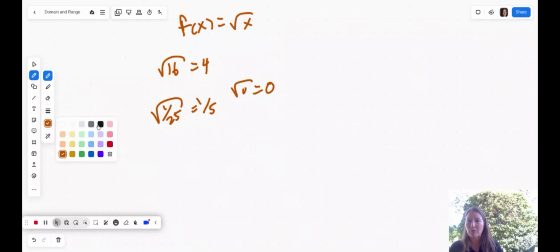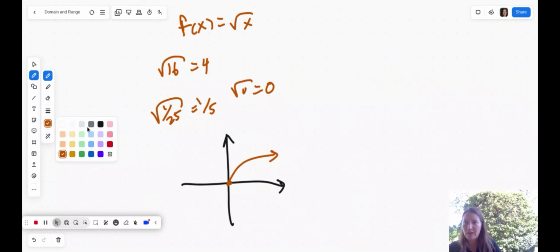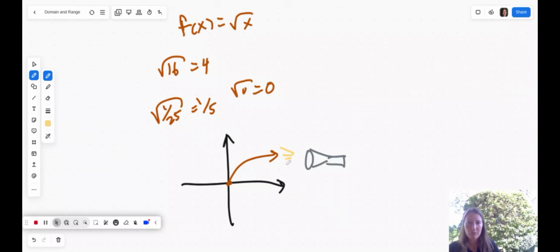If we approach this from the graphical standpoint, here's my function. And I'm going to shine my flashlight. We can see that what's going to be shadowed on the y-axis now is from 0 all the way on up, but nothing down here.